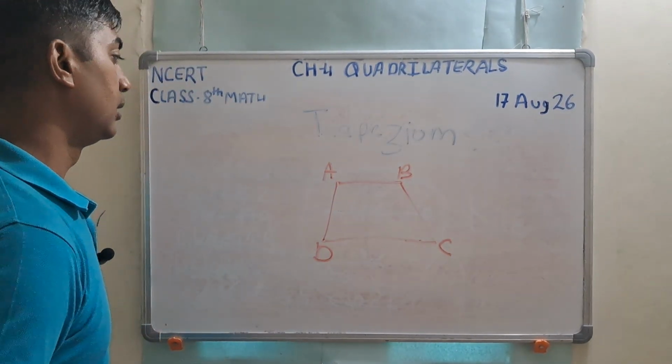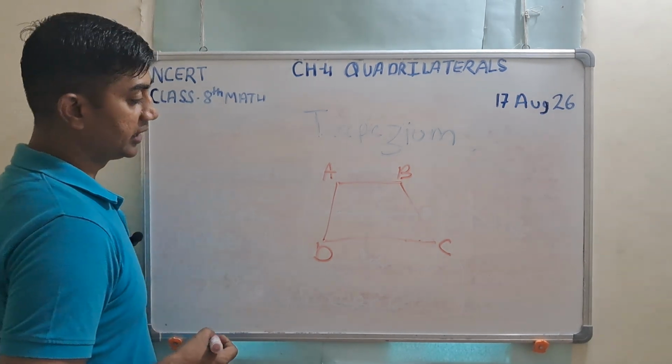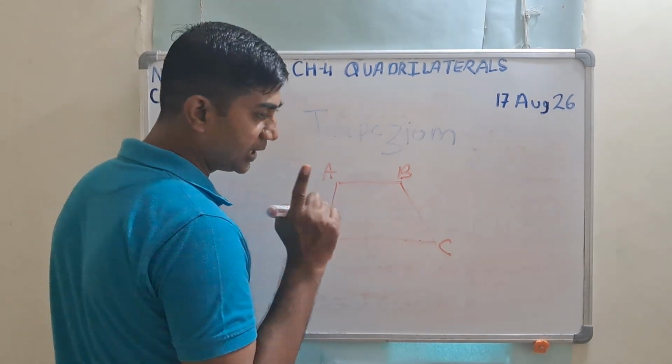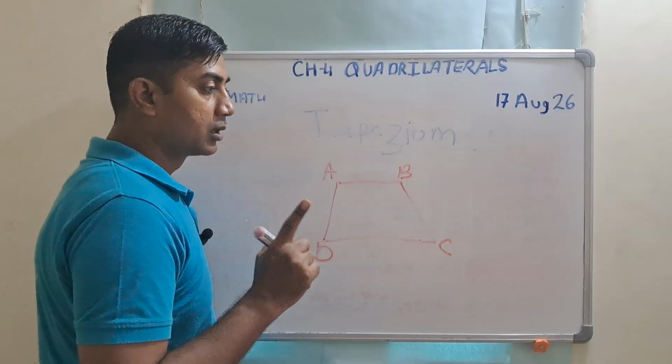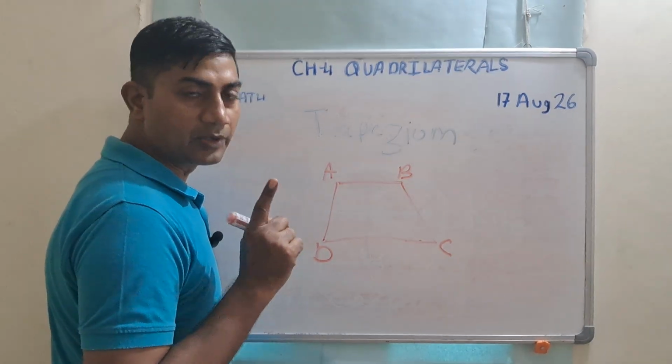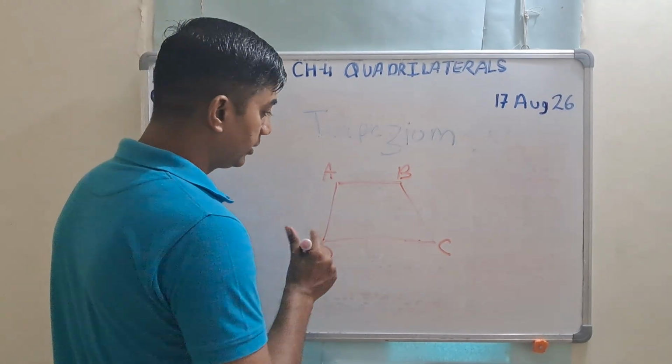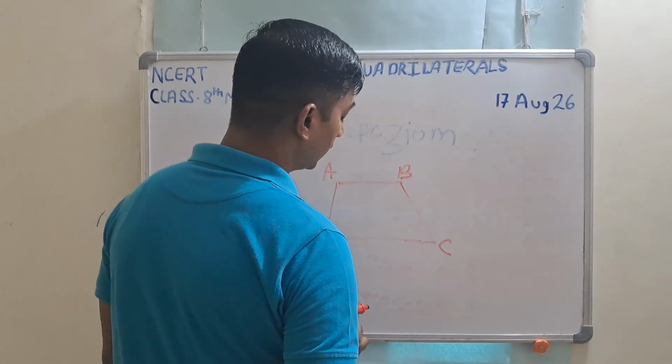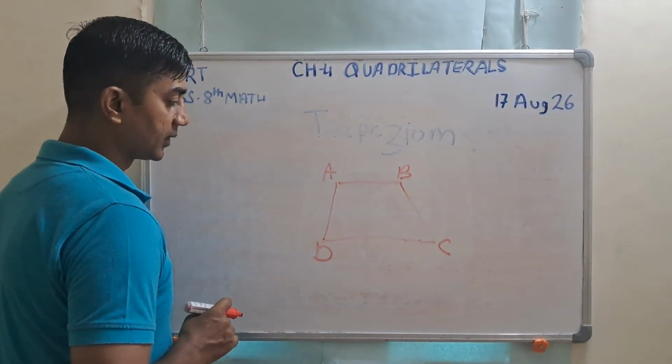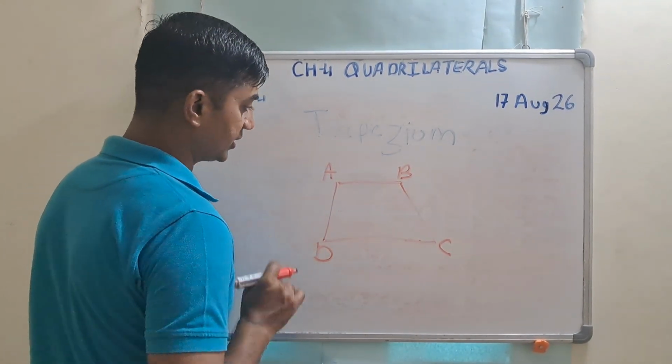Understood? This is the definition of a trapezium: there is only one pair which is parallel and the other pair is not parallel, and this diagram is a trapezium.